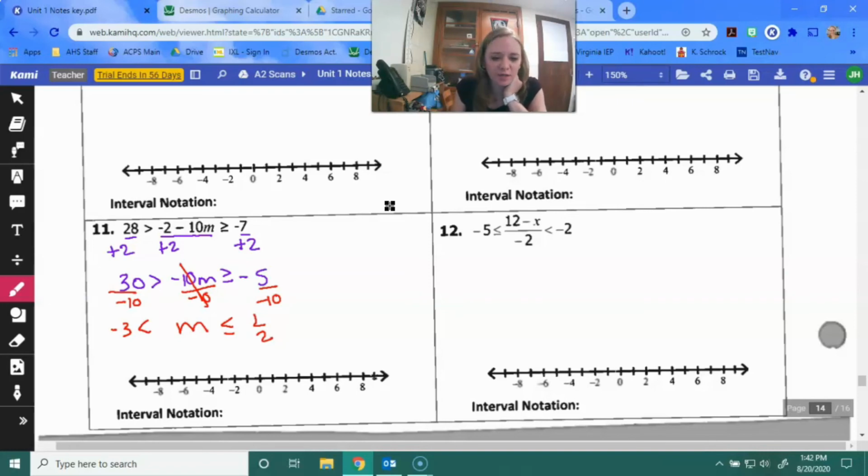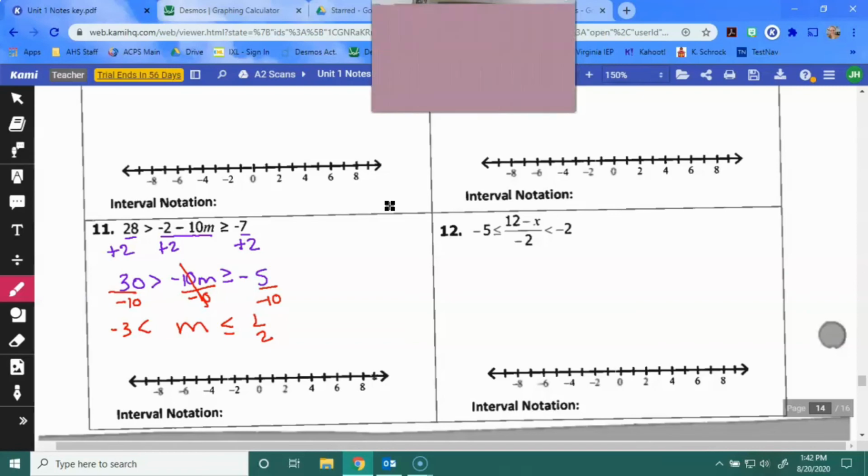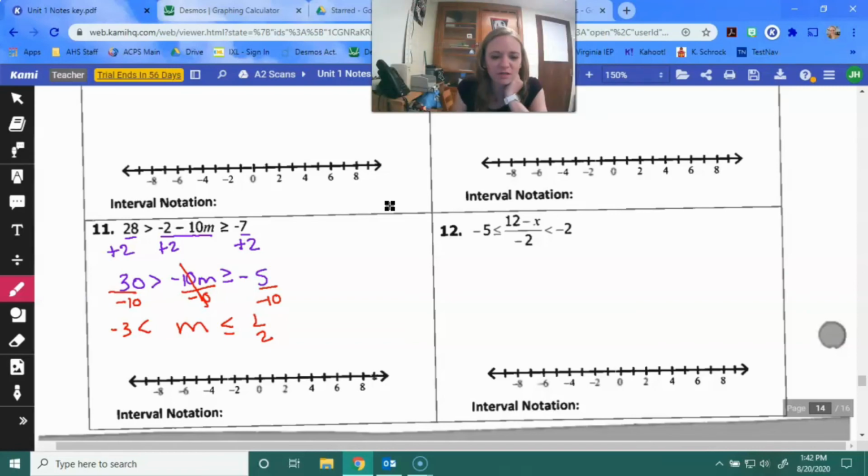So, since m is between these two and my signs are facing less than, then I can graph it just like that. At -3, I have an open circle. At 1/2, I have a closed circle. M is between them. Then you're good.